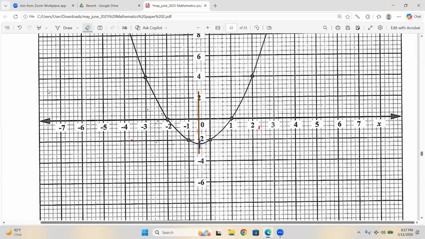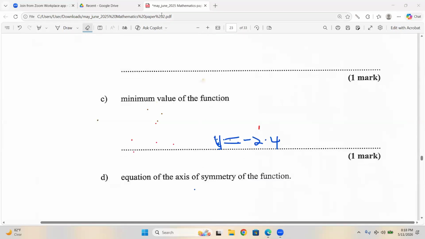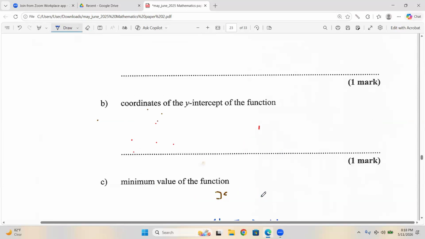So if you get a graph like this, you don't have to use a formula, you just have to read the graph. The equation of the axis of symmetry means you have to write it with x. You have to write x is equal to -0.5. If you have questions, let me know.